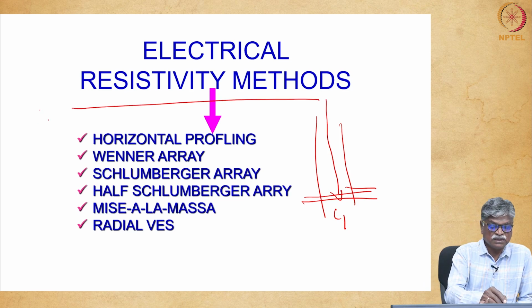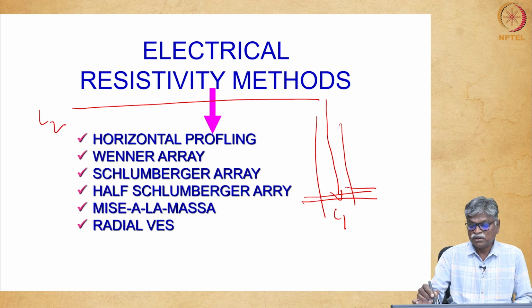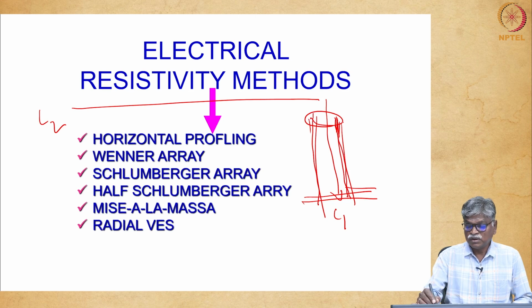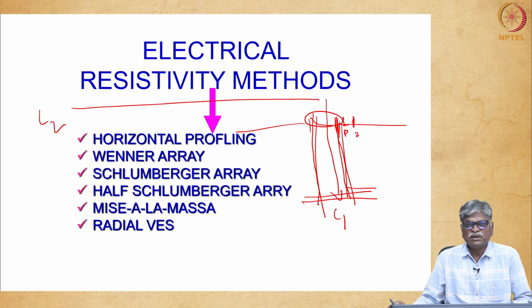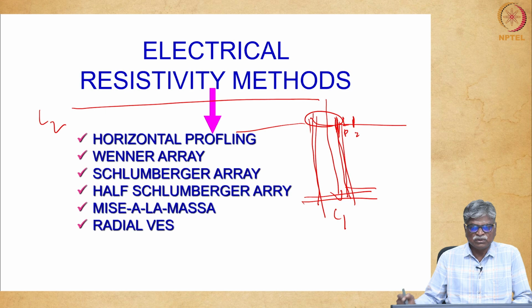somewhere here, this is C2. Then the borewell has P1, P2 on both sides. We shift P1, P2 in this direction, and in this direction, and take the readings.